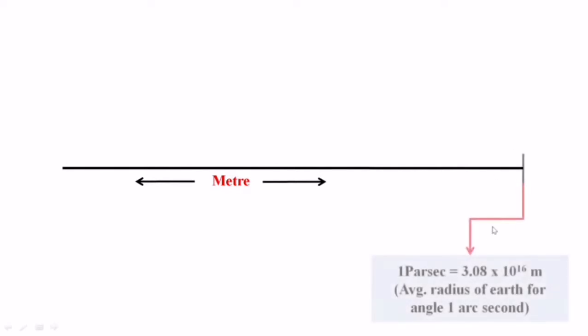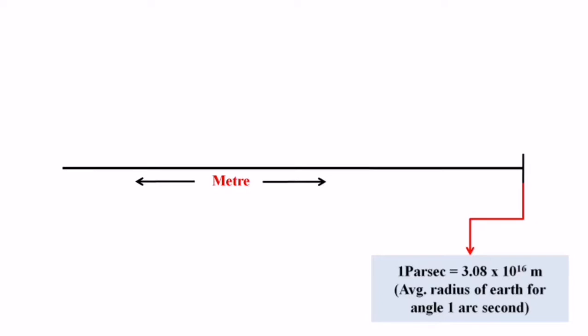The first one is a parsec. What is a parsec? Now you remember when we discussed the parallax method, we saw that we have a very small angle and we have a very small basis because b by D is much less than 1. So we can use that in a formula to calculate large distances.